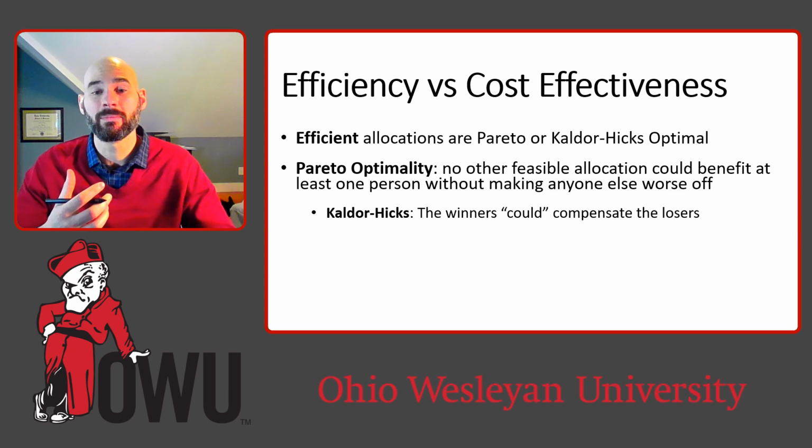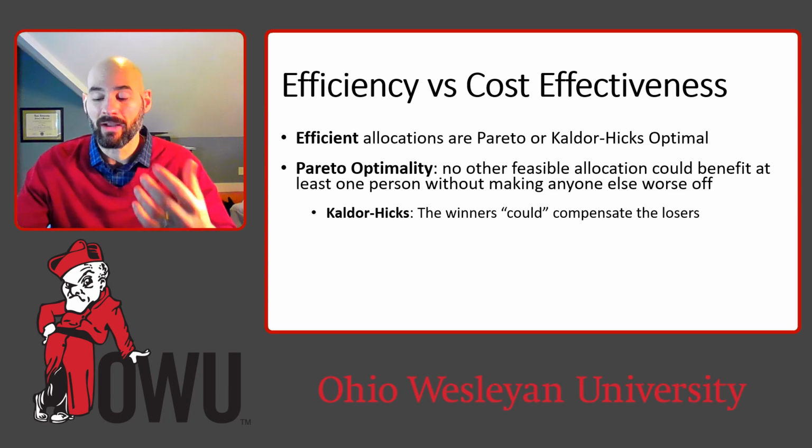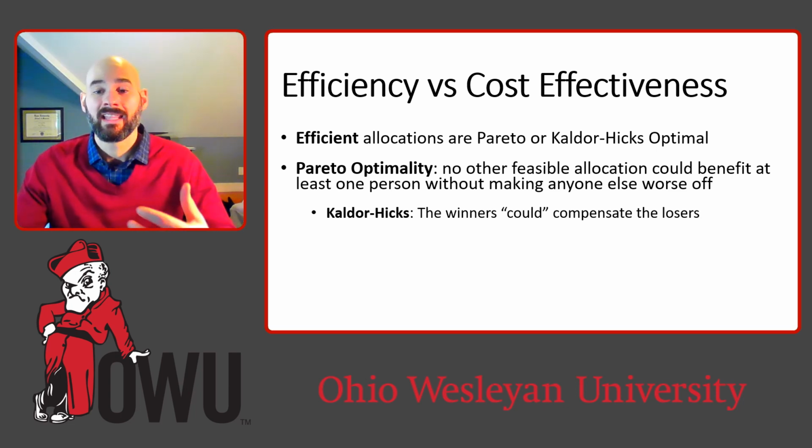Kaldor-Hicks efficiency is going to be a little bit easier to implement. We can see the problems with Pareto optimality by thinking about distributional concerns. If we have a hypothetical society where all of the wealth is accumulated in the hands of one person, let's call that person Jeff Bezos, and everybody else has nothing, then to make anybody in society better off, we would have to take money away from Jeff Bezos, unless we're going to create new wealth, which would go to the people.